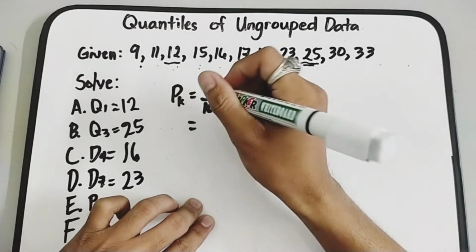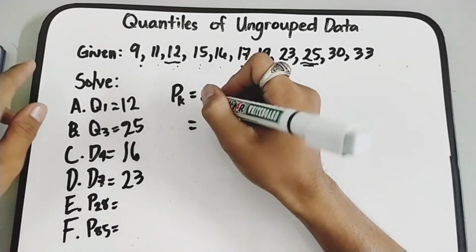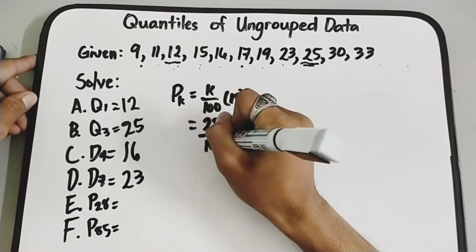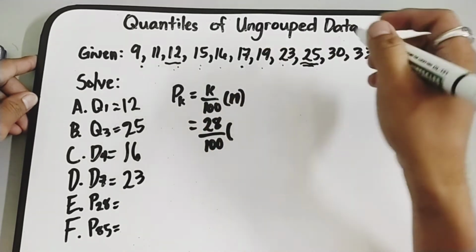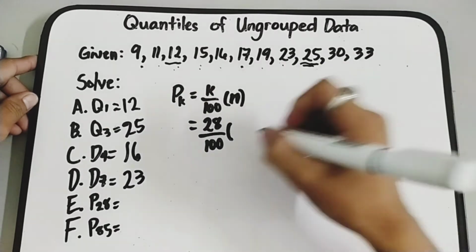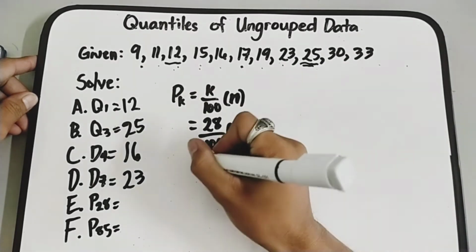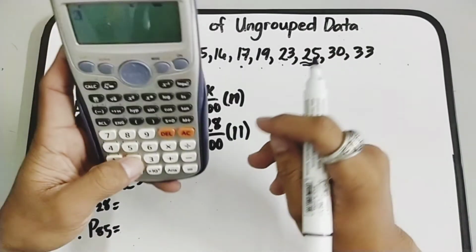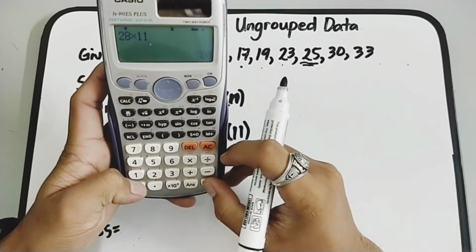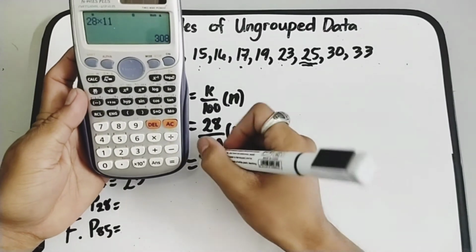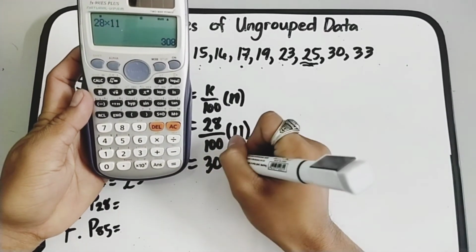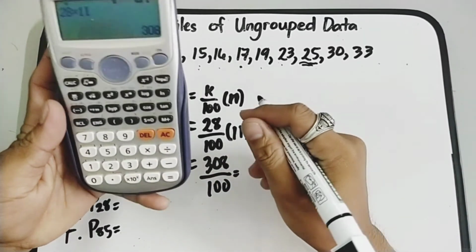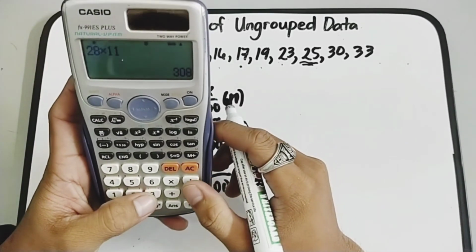Okay, since ang hinahanap natin ay P28, you have 28 over 100 times, ilan ba yung total number of sample natin? Again, we have 11. Ayan. 28 times 11, gamitan natin ng calculator. We have 308 over 100. If we divide it, we are going to get 3.08.